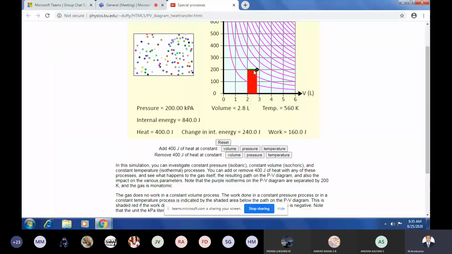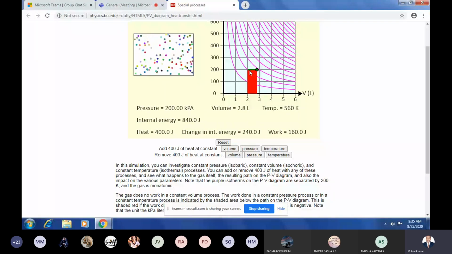Infinitely many points connected together give the path. We will discuss path function and point function later.